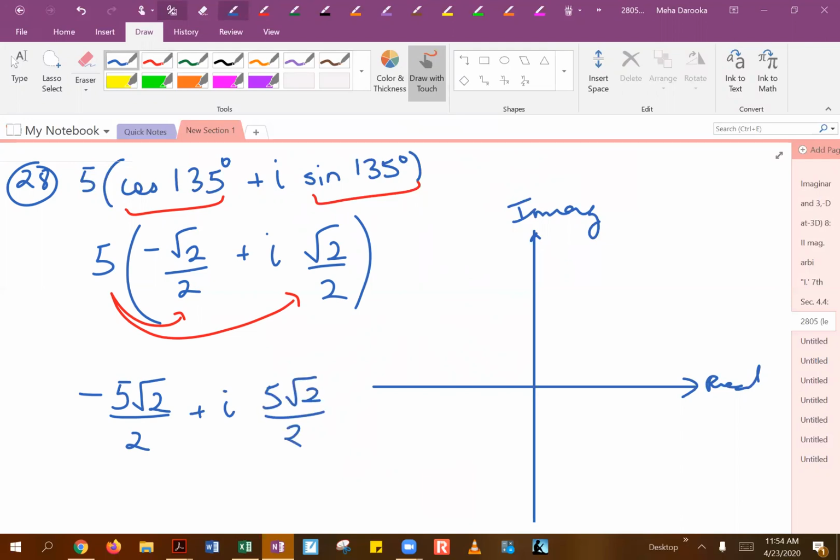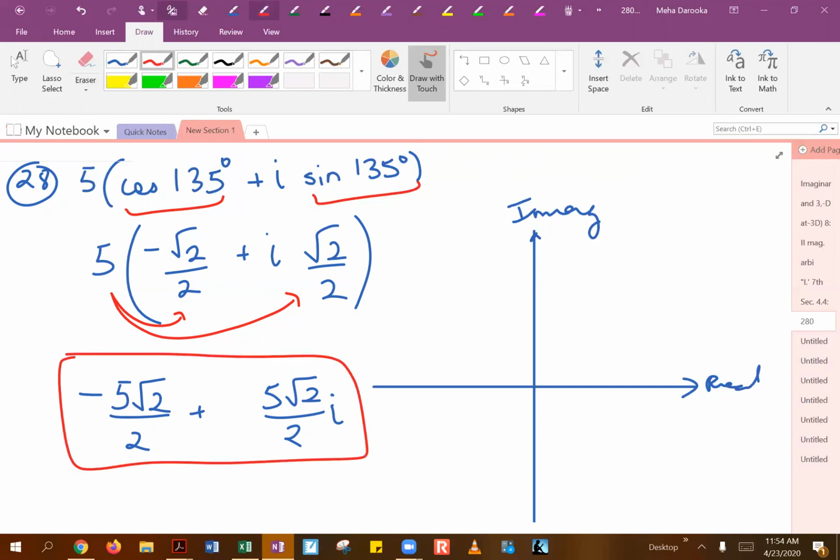Now, if the 2 in the denominator could have canceled out with the 5, then of course we would have tried to simplify that. But since that does not happen, you can leave it just the way it is. And just normally in writing these numbers, we prefer to put the i in the back instead of the front.